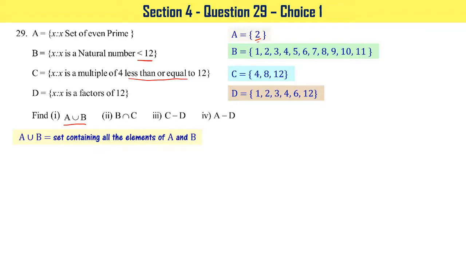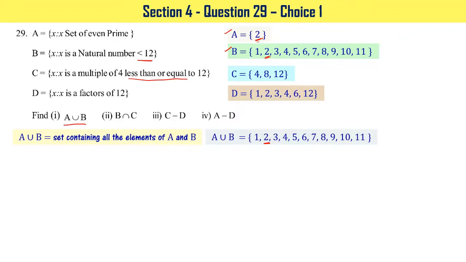It means we have to include all the elements of set A and set B such that you will get the set A union B. That is going to be the set containing elements 1, 2, 3, 4, 5, 6, 7, 8, 9, 10 and 11, right? As you see here, 2 is present in set A and set B also. But when you are writing the set in roster form, you will include it only once. That's why we have written 2 only once. I hope you got the concept.